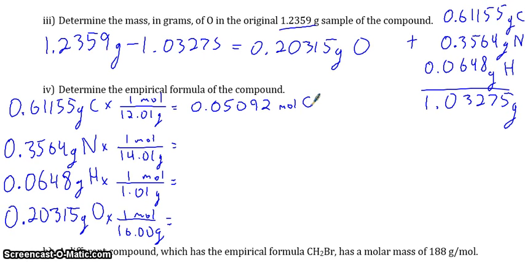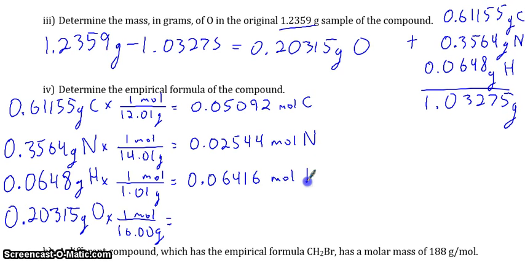For hydrogen, we have 0.06416 moles of hydrogen. And finally, for oxygen, we have 0.01267 moles of oxygen.